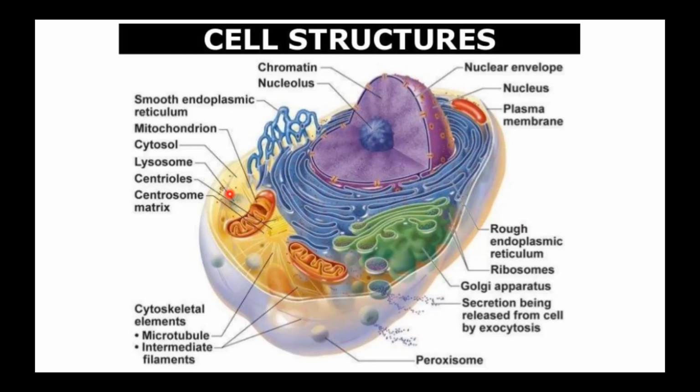Fabulous. What if, though, you wanted to make a protein that was going to get ejected outside of the cell? Or if you want to make a protein and then give it to, let's say, this lysosome over here. In that case, you take a different path. You still start with the DNA. You find the gene that you want that codes for the protein that you're going to use.